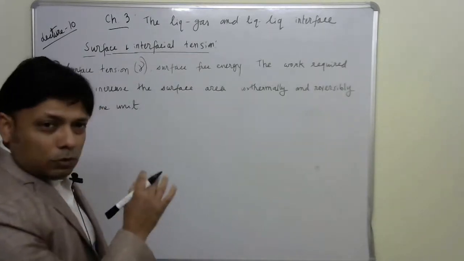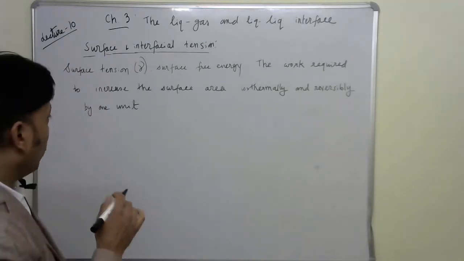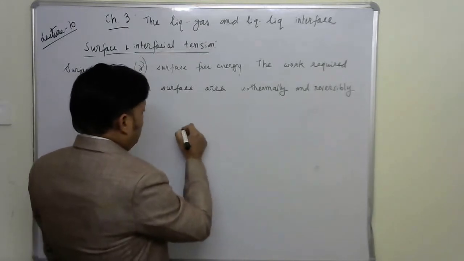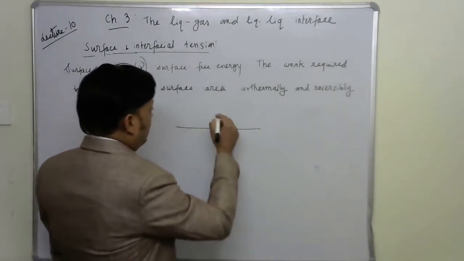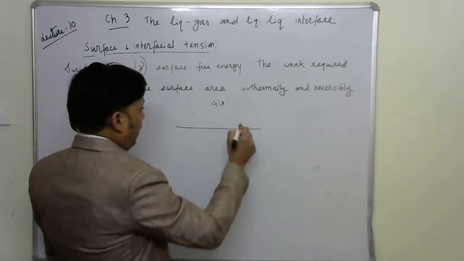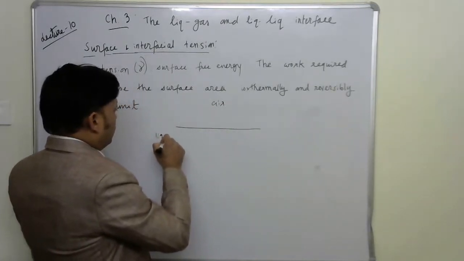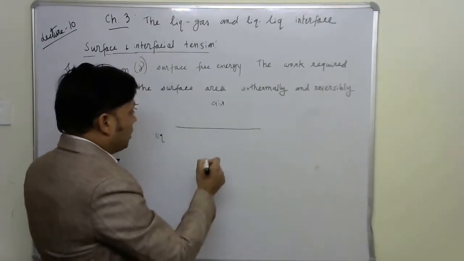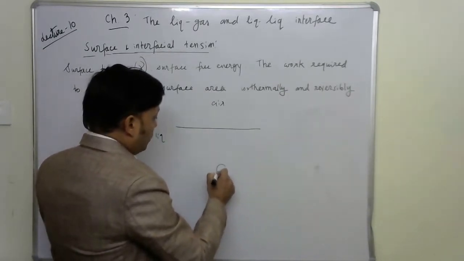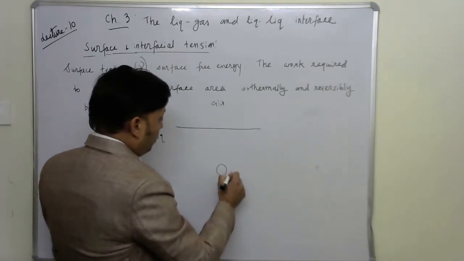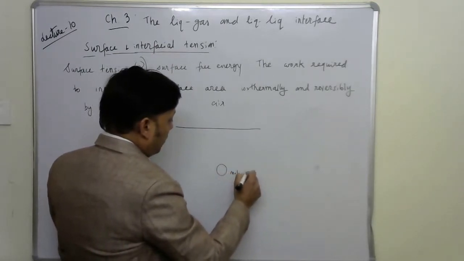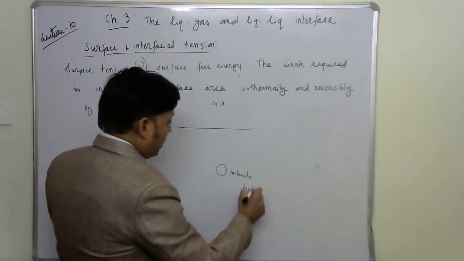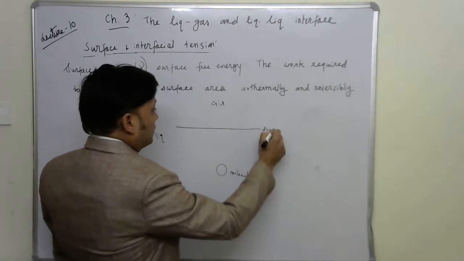Now let's take a look once again at the molecular source of surface tension. As I have mentioned earlier, suppose we have air here and a liquid here. This is the interface between air and liquid, or simply the surface. We have the liquid molecule in the bulk, and this one is at the surface.